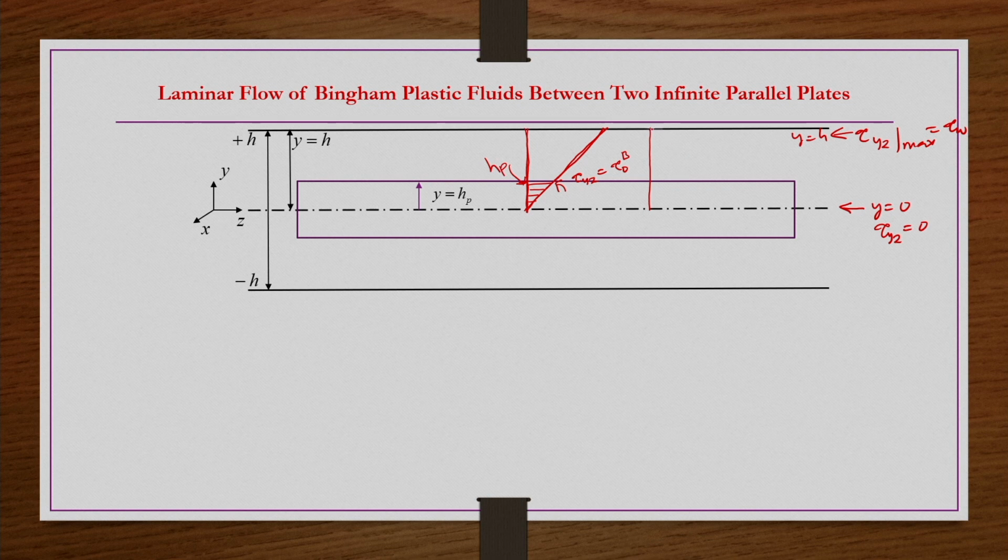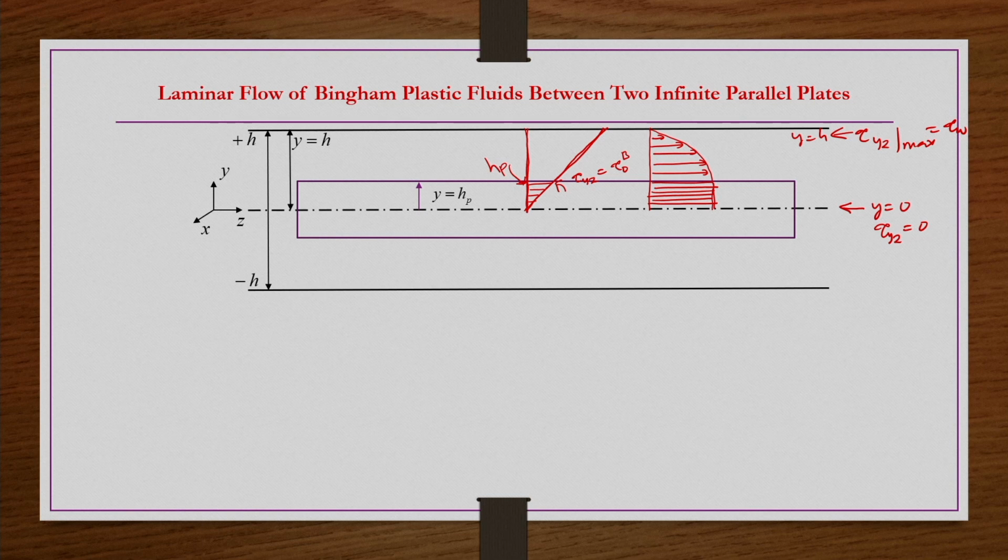So the velocity profile is going to be something like this: within the limit of y equals 0 to y equals Hp, it is a constant maximum plug velocity. After that deformation starts, and as we move towards the top plate, the velocity decreases because of the no slip boundary condition at the wall.